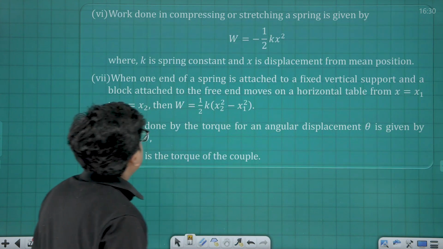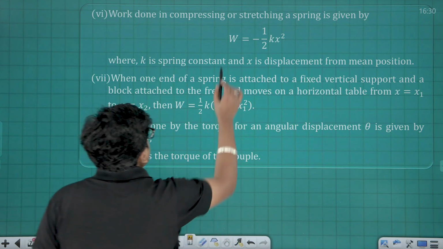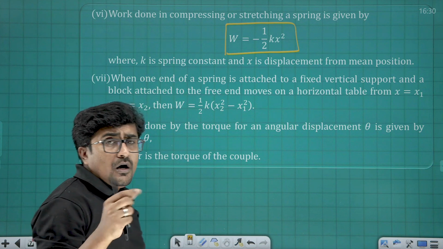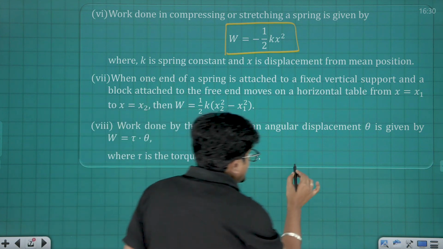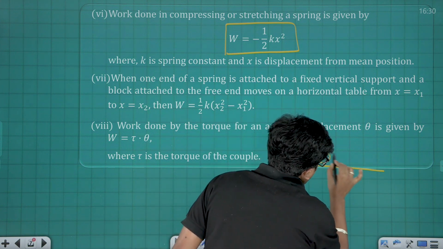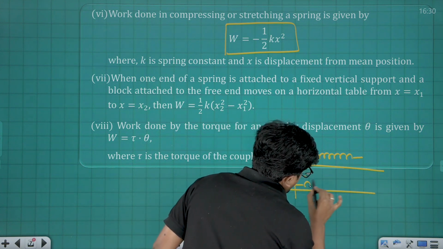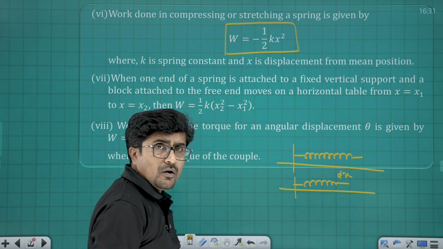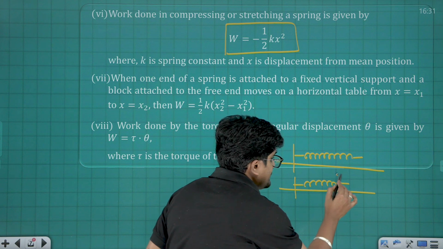All right. So next I am going to tell you about the work done in case of compressing a spring. This is also an example of a variable force, because you all know that once I have a spring, something like this, let me consider a spring at its natural length in this way, and if I press this spring through a distance of, let me press this through a distance of x.